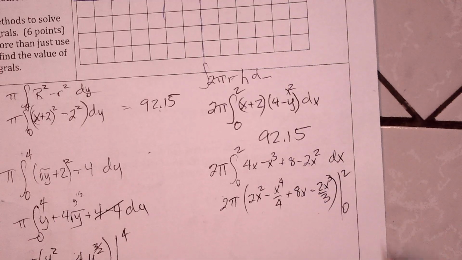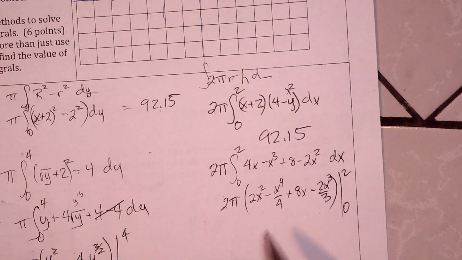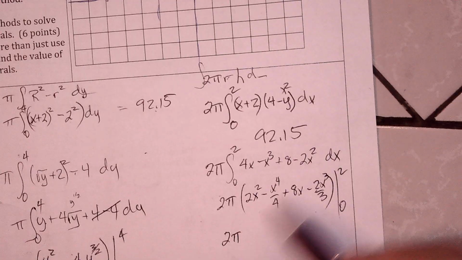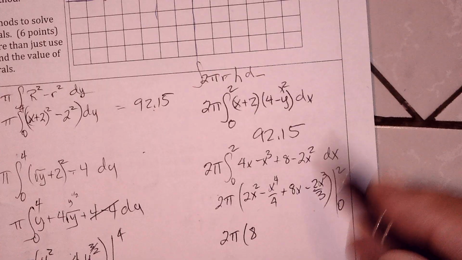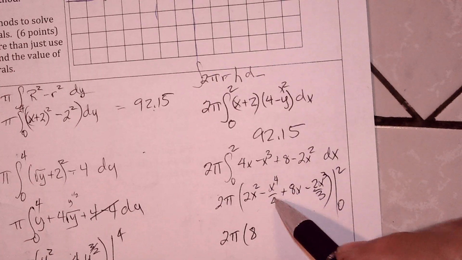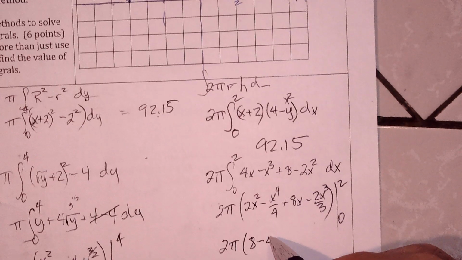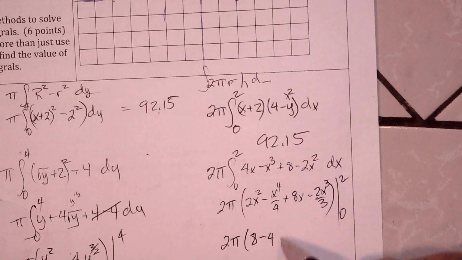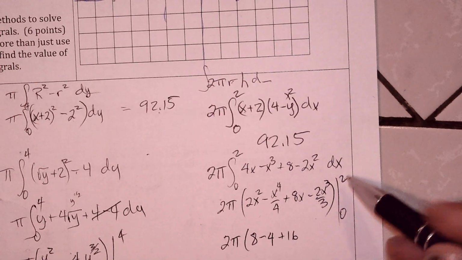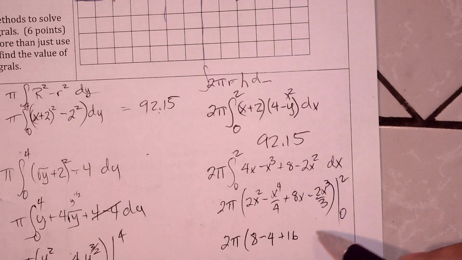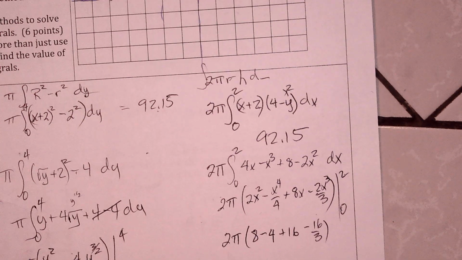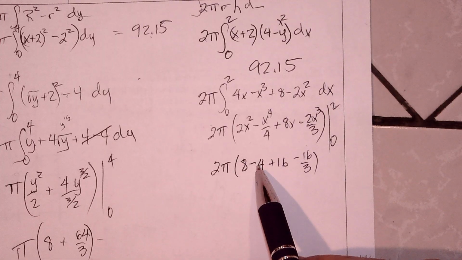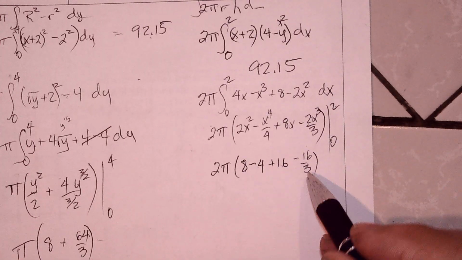0 is going to give me nothing. So I only have to put the 2 in. So I'm going to get 2 pi: 4 times 2 is 8. 16 divided by 4 is minus 4. Plus 16. 8 16/3 minus 16/3. 8 minus 4 is 4. 16 is 20.